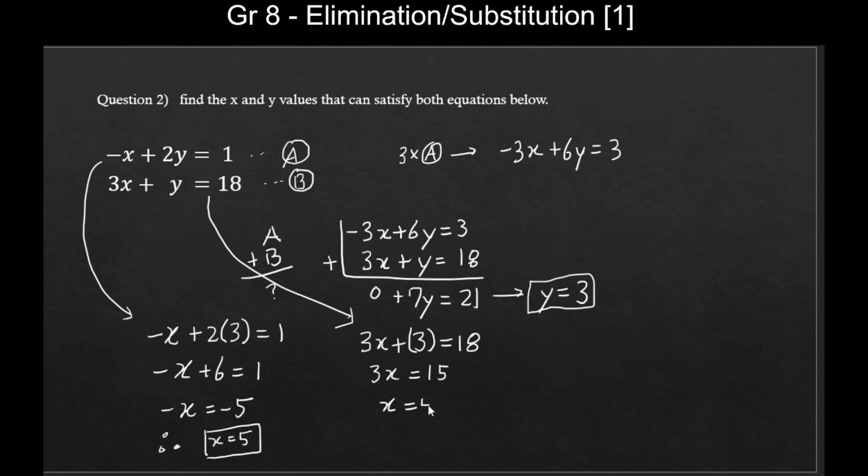Therefore, our x value is still 5. We still got the same answer. So it does not matter which one you use for the substitution method. Okay? So our final answer is x is equal to 5 and y is equal to 3. There we got the right answer.